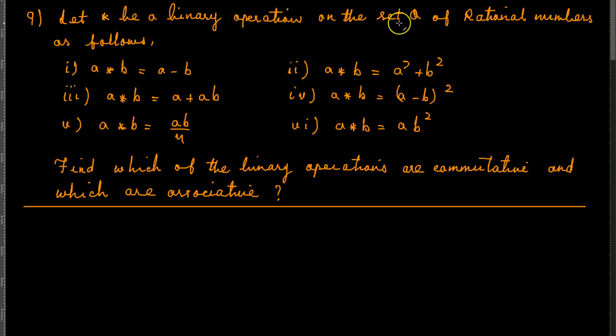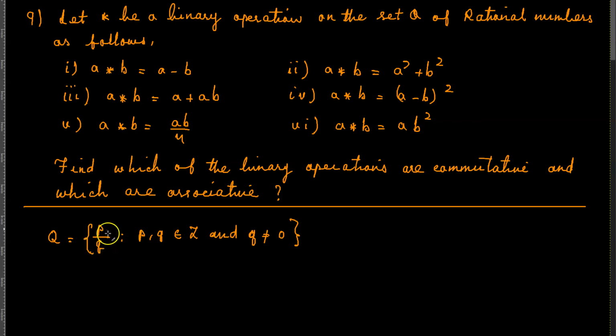The set Q is the set of rational numbers. It is the set of all numbers of the form P divided by Q, such that P and Q belong to the set of integers, and Q is not equal to 0.